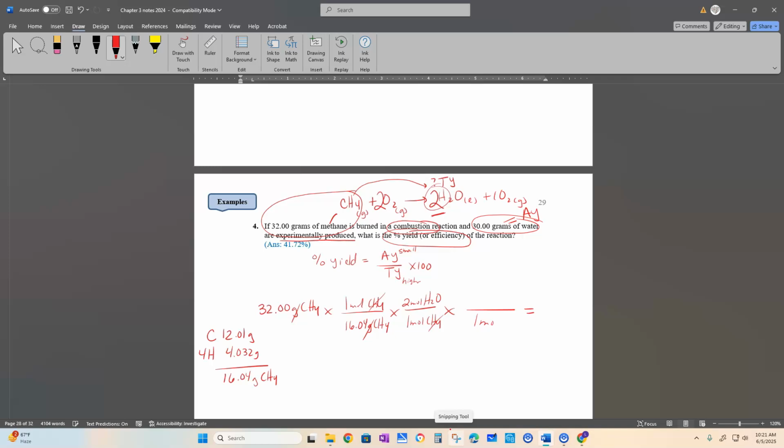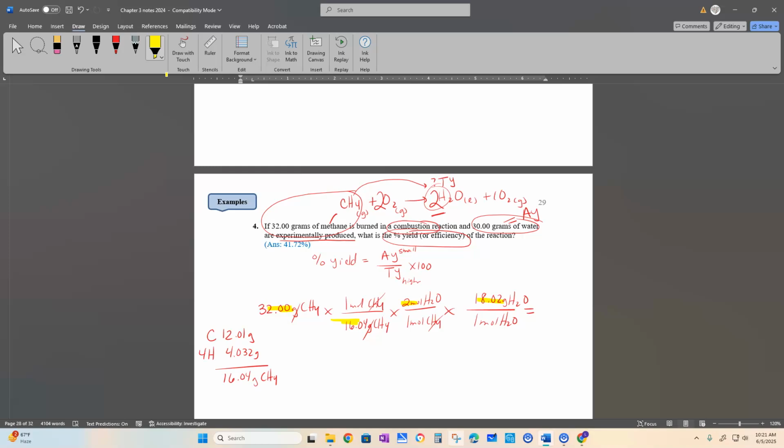And now the molar mass of water, which hopefully we know, 18.02 grams. So I'm going to multiply on top and divide by that 16. Remember, this answer should be larger than that 30 grams of water, because we produced 30 grams, but what should we have actually produced?